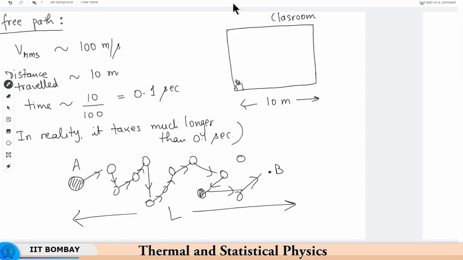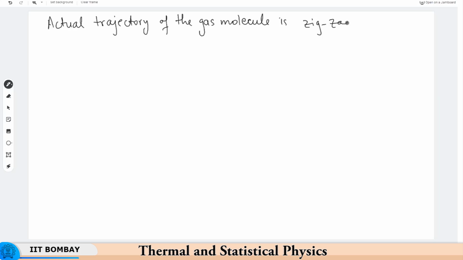So, maybe I can write down: the actual trajectory of the gas molecule is zigzag, rather than a straight line.